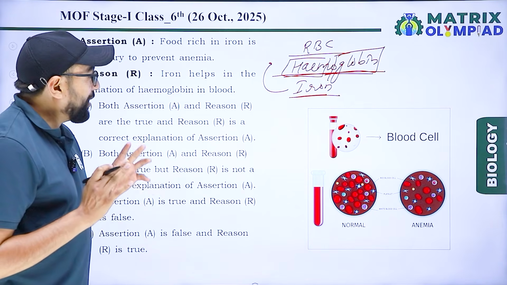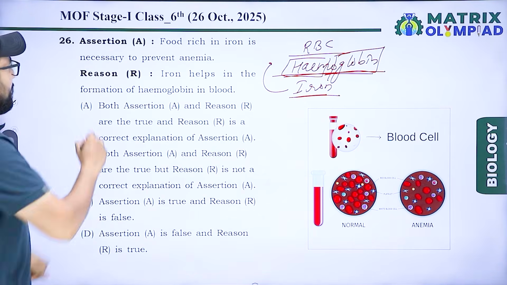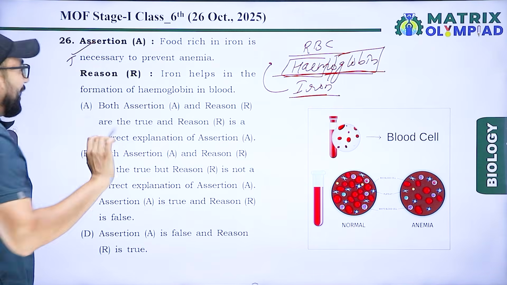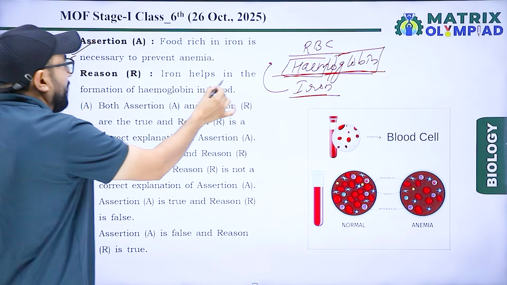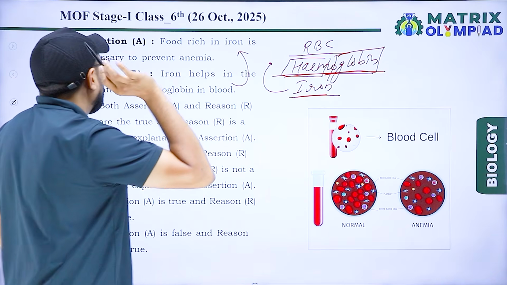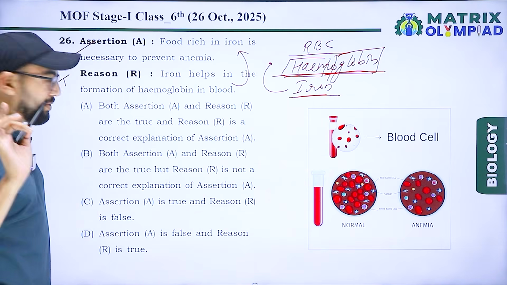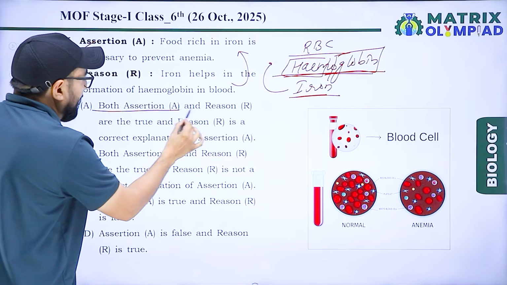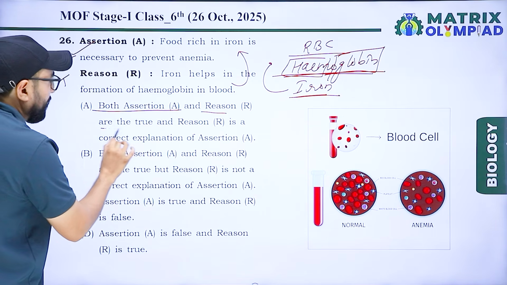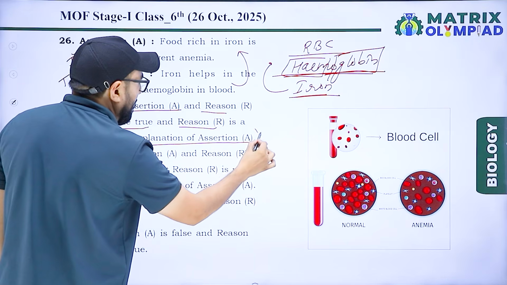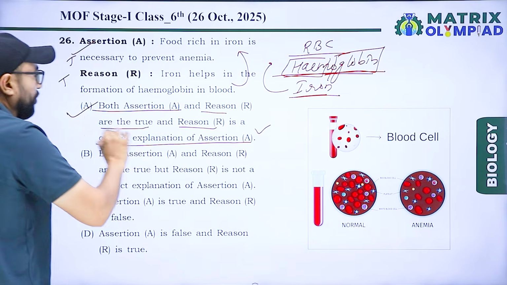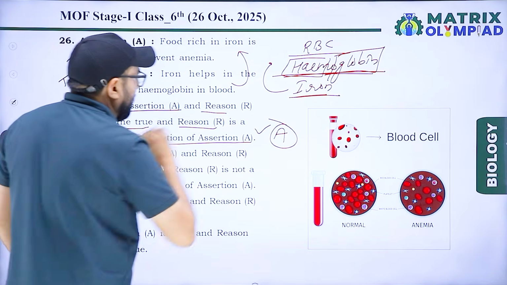So according to assertion and reason, assertion A is true and reason is true. Reason is the explanation of assertion, right. Both assertion A and reason R are true, and reason R is the correct explanation of assertion A. Our right answer is option A.